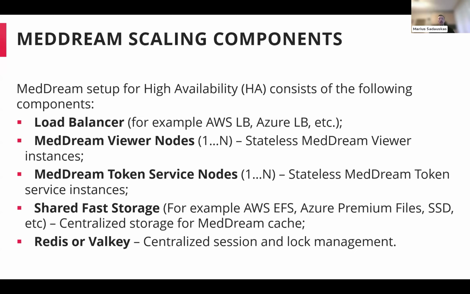If we talk again about the cloud, it could be AWS Elastic File System, or in Azure the premium files, or let's say if you have an on-premise server, or if you run some virtual machine, a fast SSD disk would be a good start.